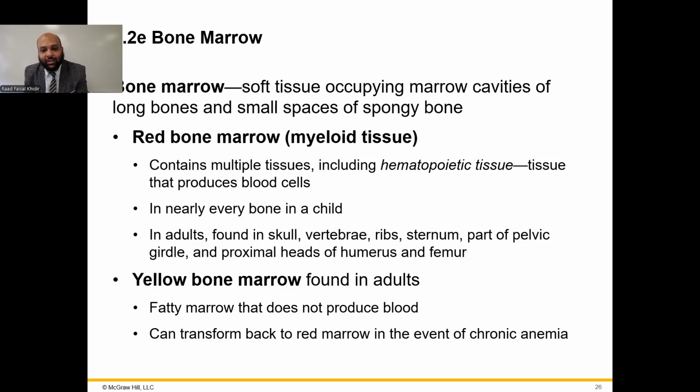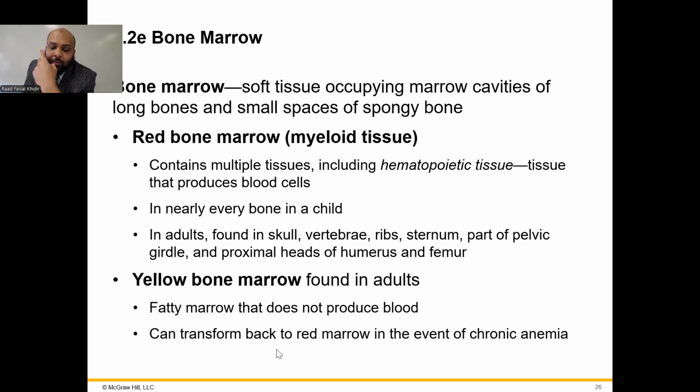In adults, it is found in the skull, the vertebrae, the ribs, the sternum, part of the pelvic girdle, and the proximal heads of the humerus and the femur.